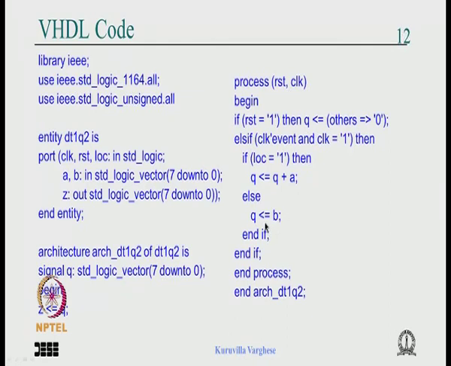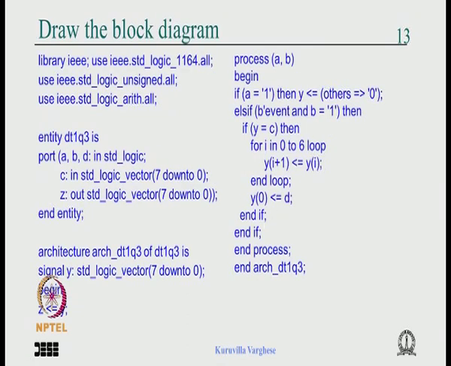It is very simple to write the code, and this is another example. We have the VHDL code and we worked back to find what circuit is implemented by it. If A is equal to 1 then the output is 0, otherwise upon B. So A is a reset, B is a clock.